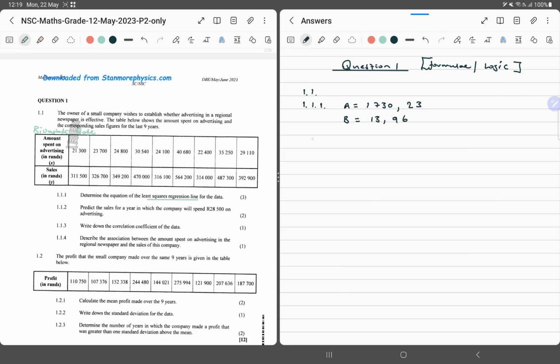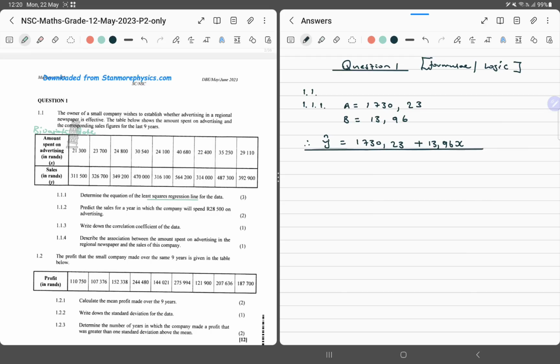Therefore our equation of the least squares regression line, by the way, B is the gradient, so we start with A. So this is y = 1730.23 + 13.96x. Alright, so that is the equation of the least squares regression line.